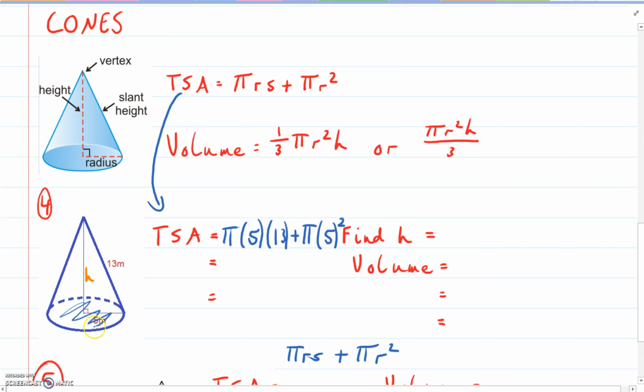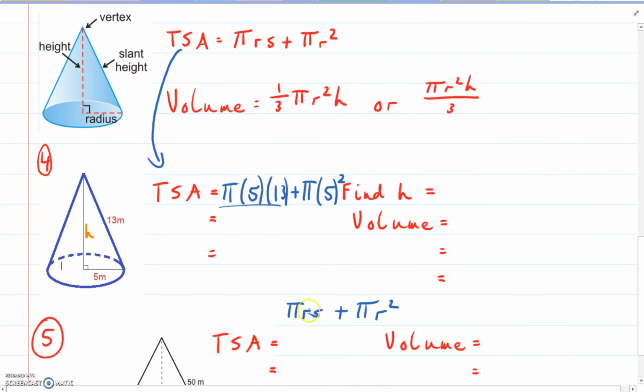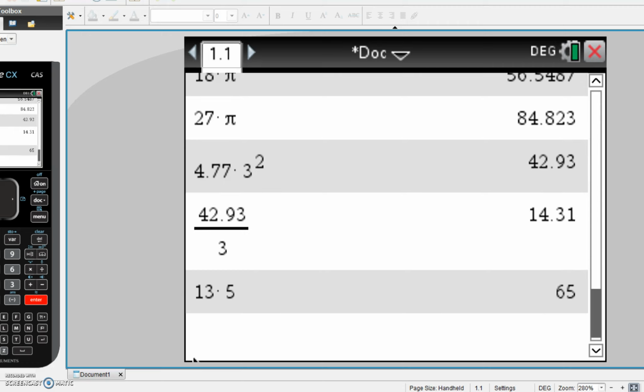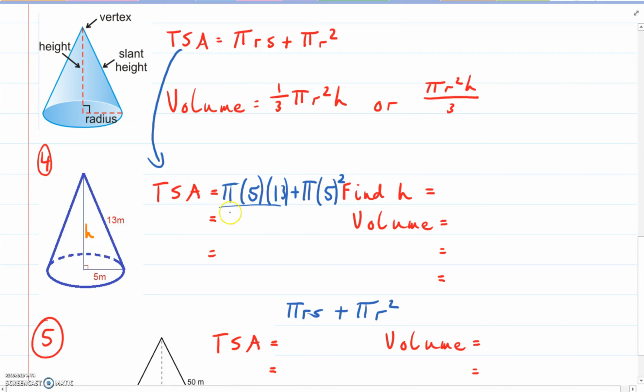That's just the area here, and then this part is finding the kind of area around the cone, if you rolled it out. 13 times 5, of course, 65 pi, plus 25 pi, getting us to a nice 90 pi.